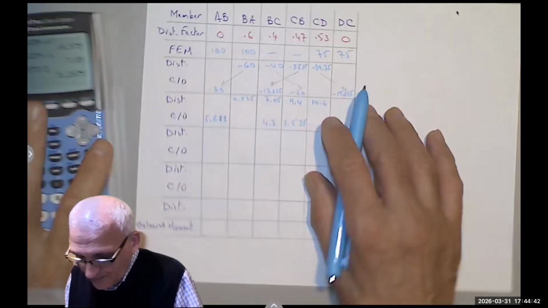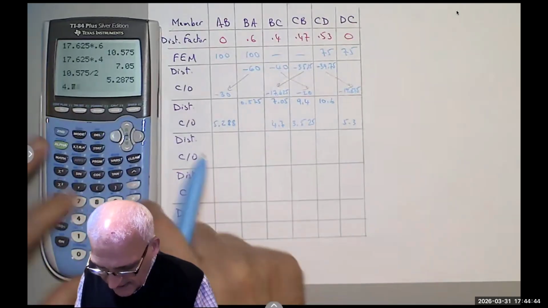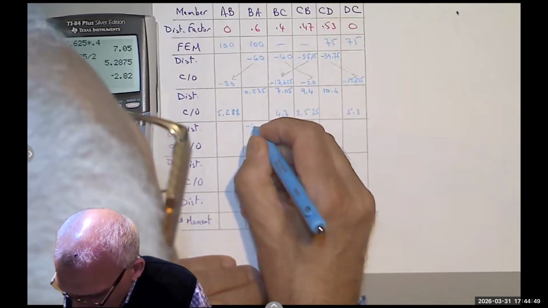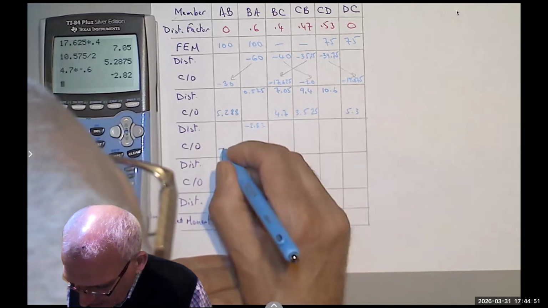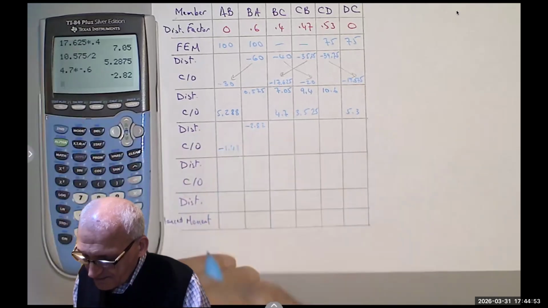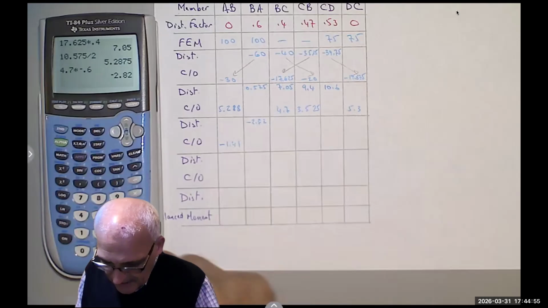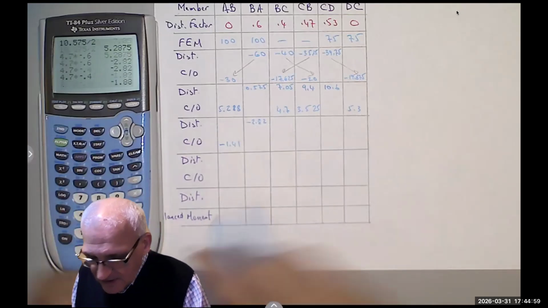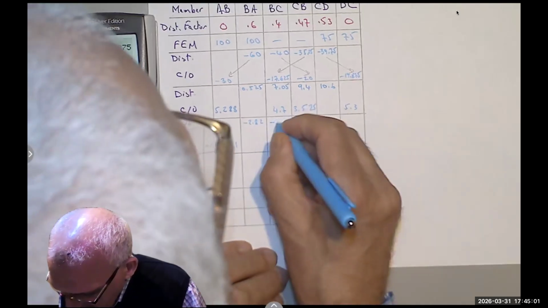Alrighty, so 4.7 times negative 0.6 is negative 282, which would bring here negative 141. And 4.7 times negative 0.4 is negative 188.